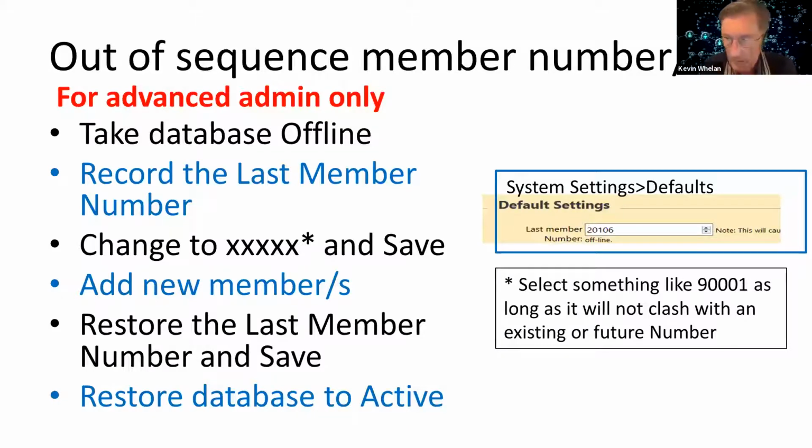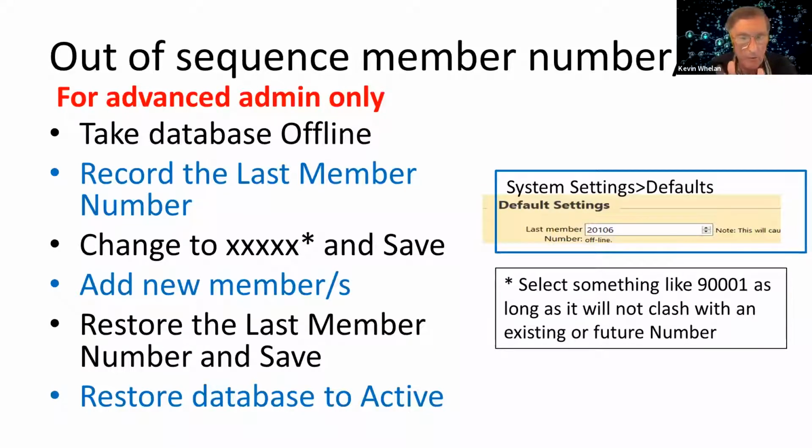The way you do that is to first take the database offline, because what you're doing here will affect anybody else who might be using the system at the time to enroll a new member. Any new member who enrolls while you are doing this may well be given the wrong member number.